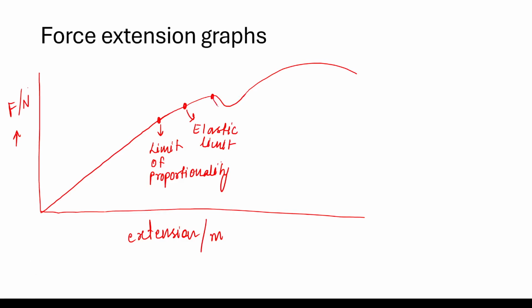Okay, so this here is the yield point, and if you continue applying force even after this point, the spring might break. So this region here, up to the elastic limit, is called elastic deformation.